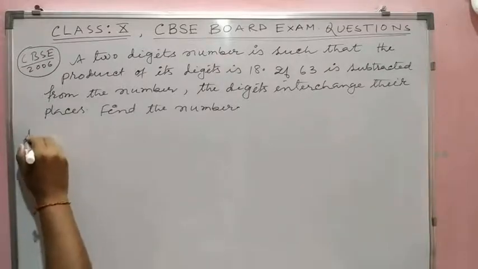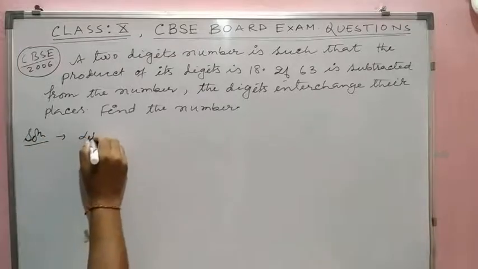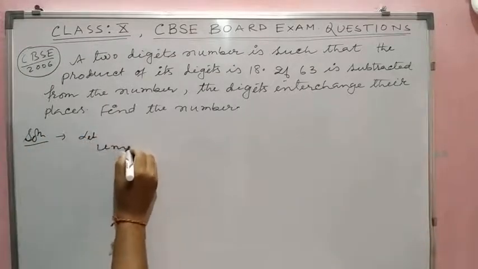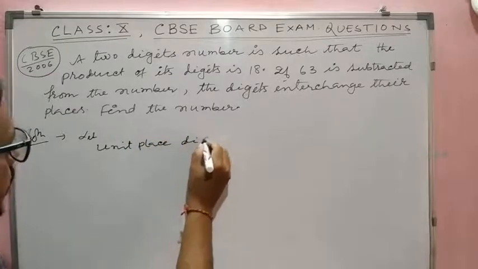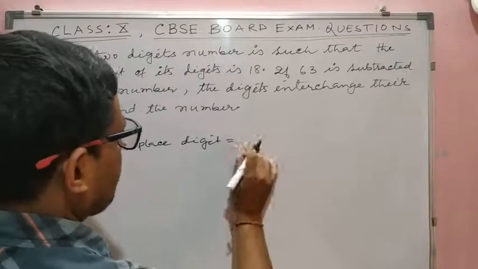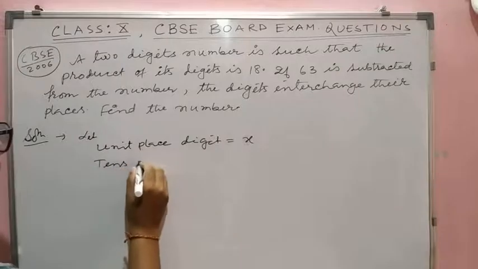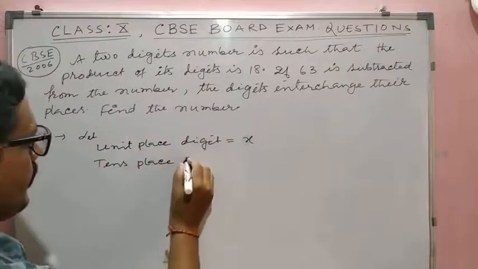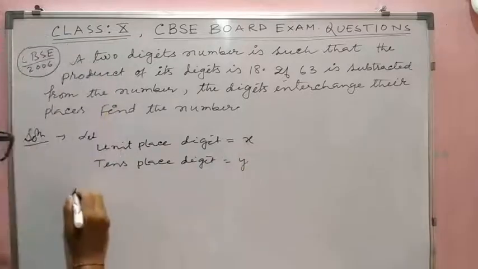So solution you see, let unit place digit equal to x, tens place digit equal to y.